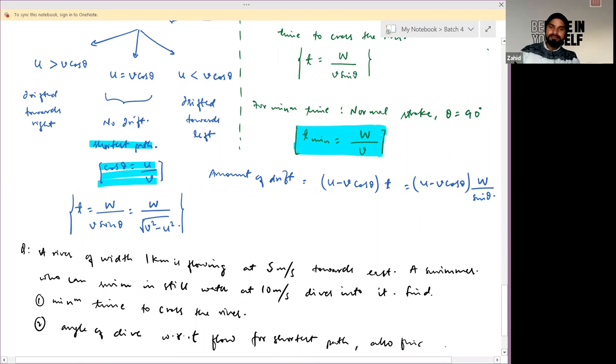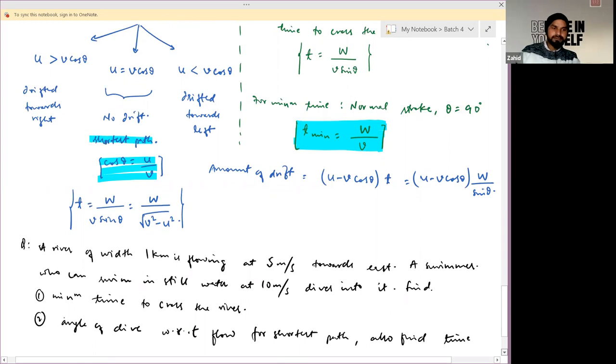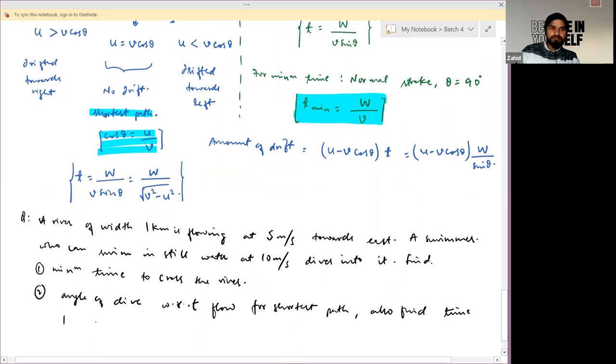Also find the time to cross the river in this case. Just use the above formula and try to find these two answers.